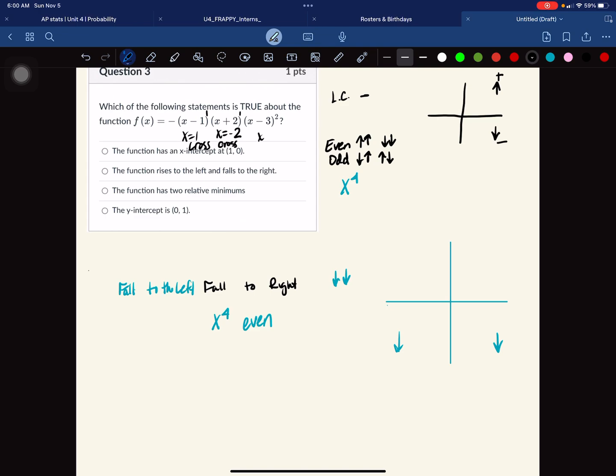And then we're going to have x equals positive 3, and since it's an even power, it's going to be a bounce. So we can put in those values: a positive 1, a negative 2, and a positive 3.